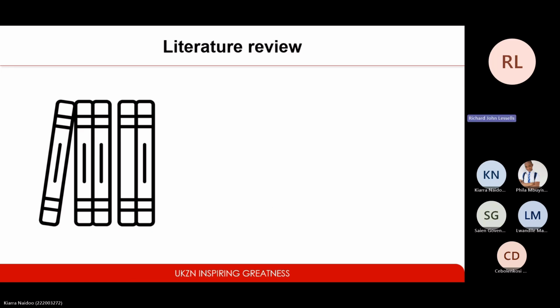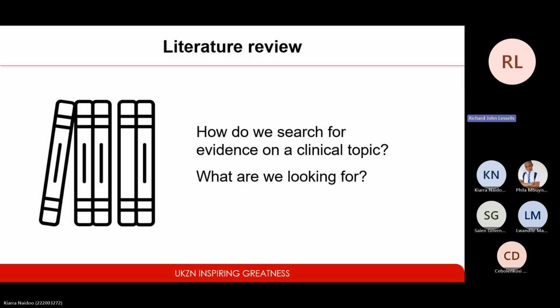I want to understand a bit more what's known about this problem. So how do I go about searching the literature? How do we search for evidence on a clinical topic? And what are we looking for when we search?